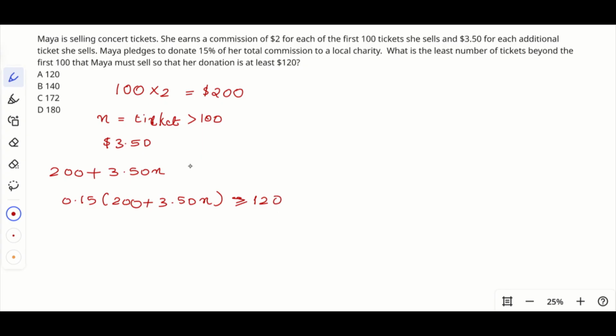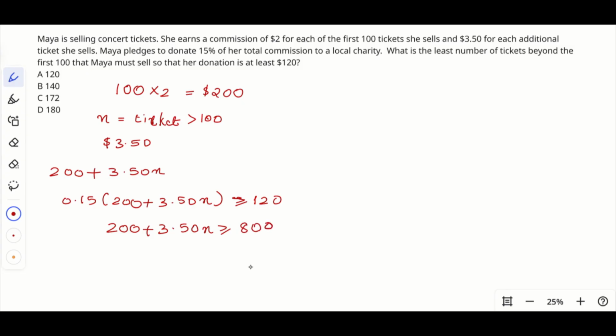Right. So now let's divide both sides by 0.15. You can cancel this and the rest will be 200 plus 3.50x greater than or equal to 120 by 0.15, which will be 800.